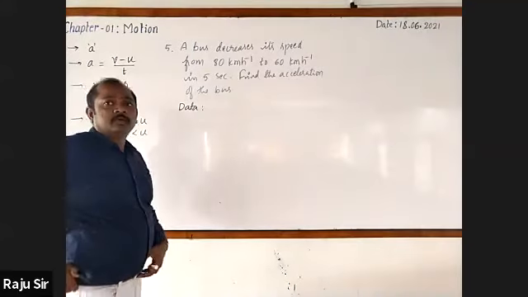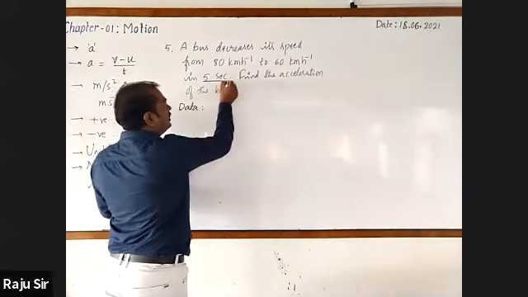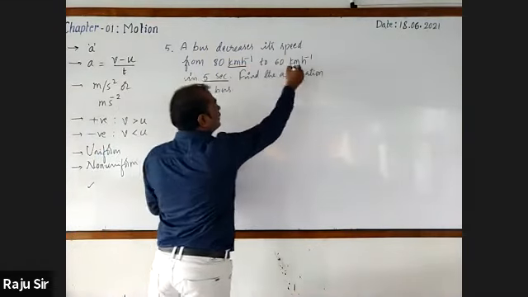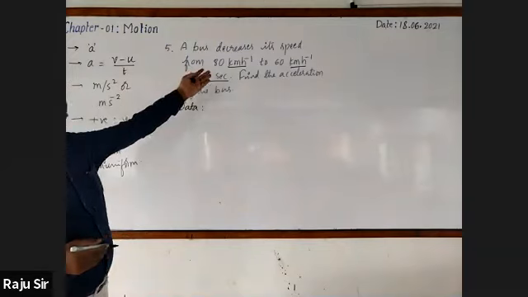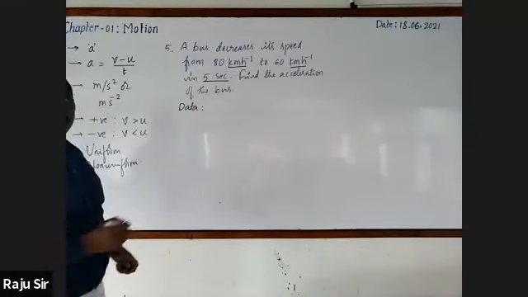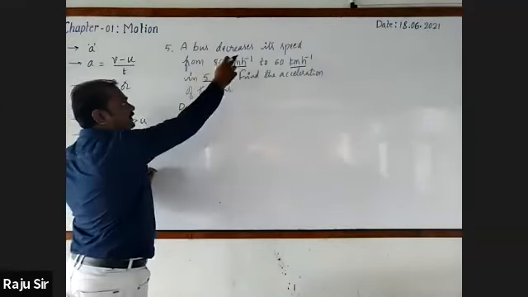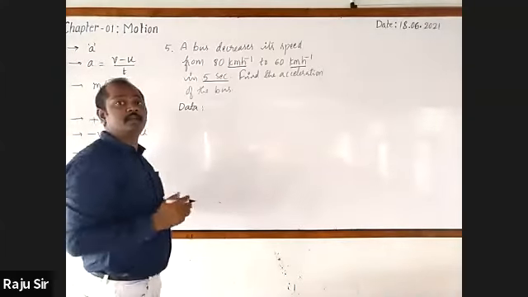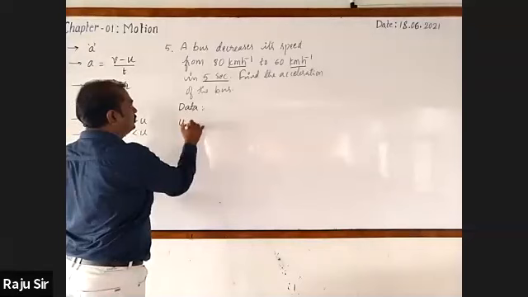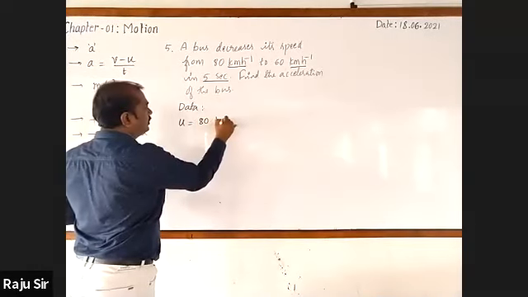Here, units are different. Here, 5 seconds. Here, kilometer per hour. Hence, I'll go for converting both the speeds in meter per second. A bus decreases its speed from 80 kilometer per hour to 60 kilometer per hour. So here 80 kilometer per hour is initial velocity, right? u is equal to 80 kilometer per hour.